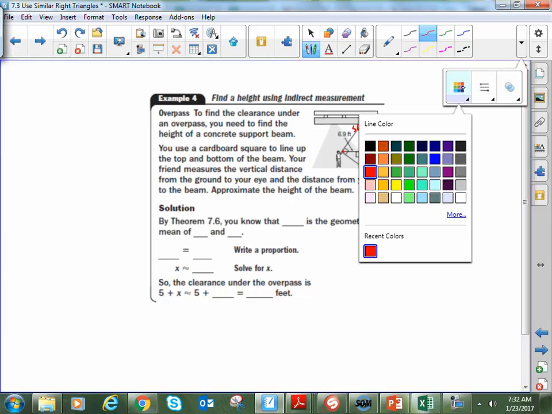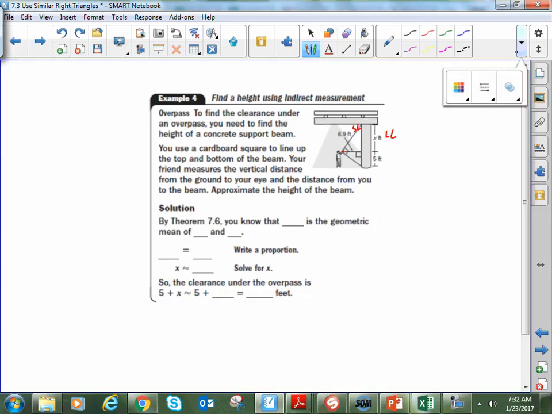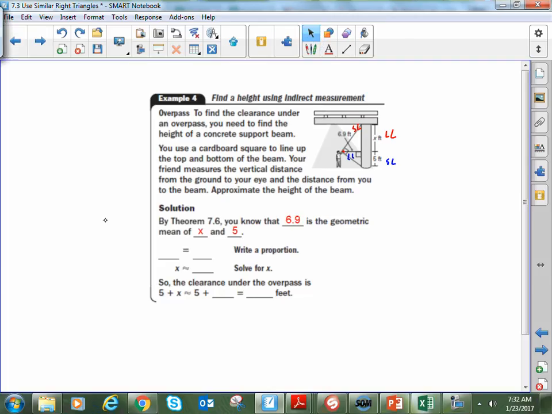And we also know that 6.9 is a long leg of the triangle, and we know a short leg here. So we can kind of see we have two long legs and two short legs from similar triangles that we're going to be looking at to solve for the missing value.